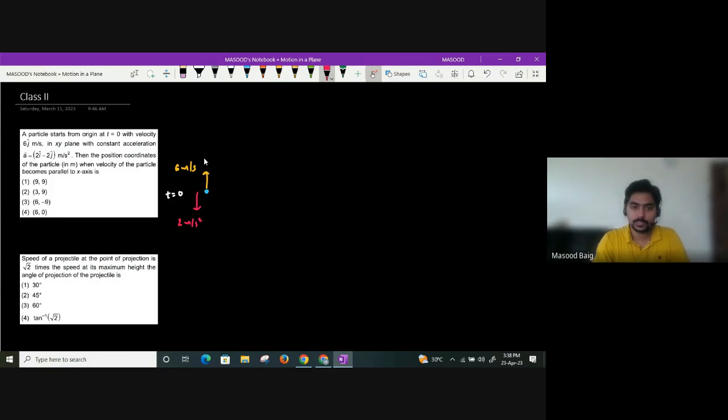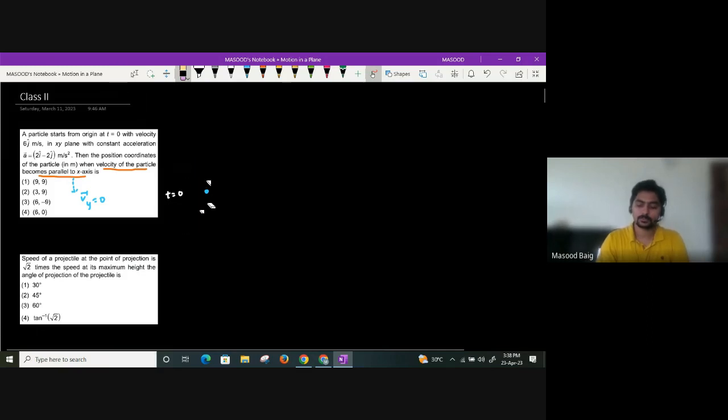It will move in the direction of velocity with a decreasing speed till its velocity becomes 0. Now what they have mentioned, velocity of the particle becomes parallel to x-axis. What is the meaning of velocity of particle becoming parallel to x-axis? Means there should not be any velocity in y direction. The velocity in y direction should become how much, beta? 0. Right?